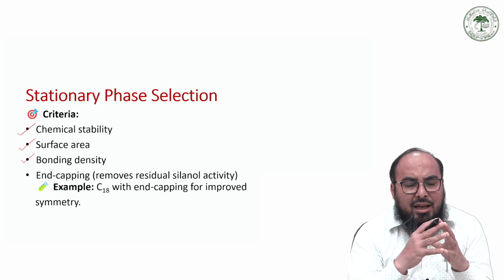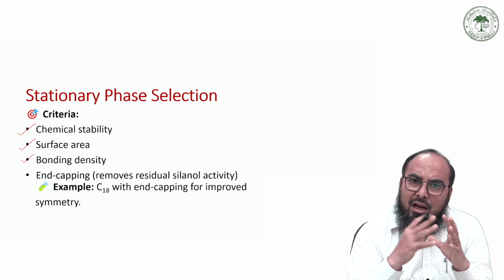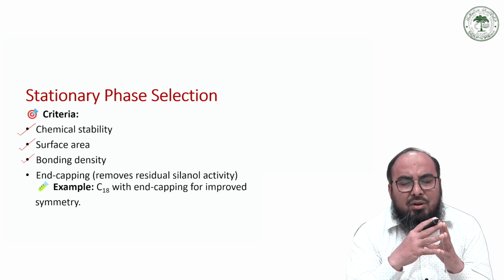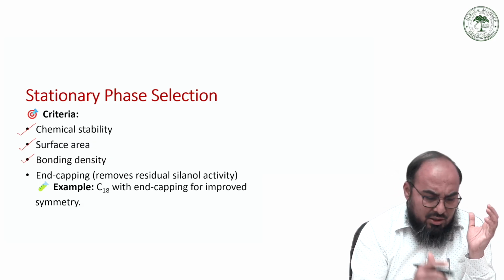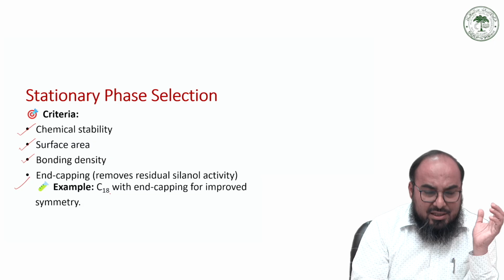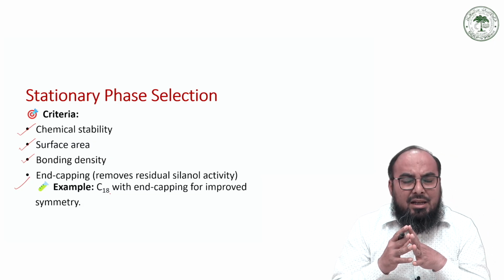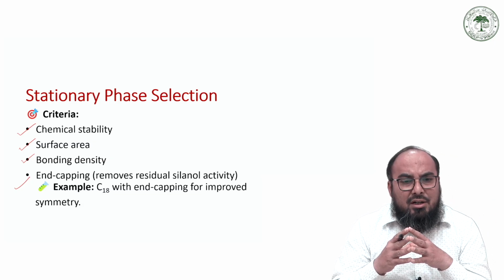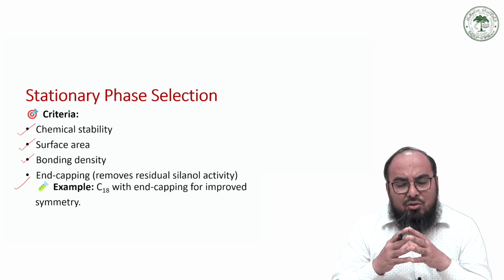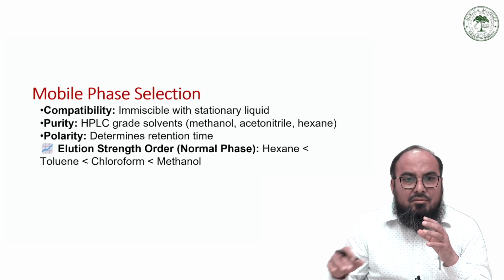And again you have to do certain chemical alterations so that you can always have a very stable type of stationary phase. For example, in C18 we have to do certain capping with regard to the improvement in the symmetry.